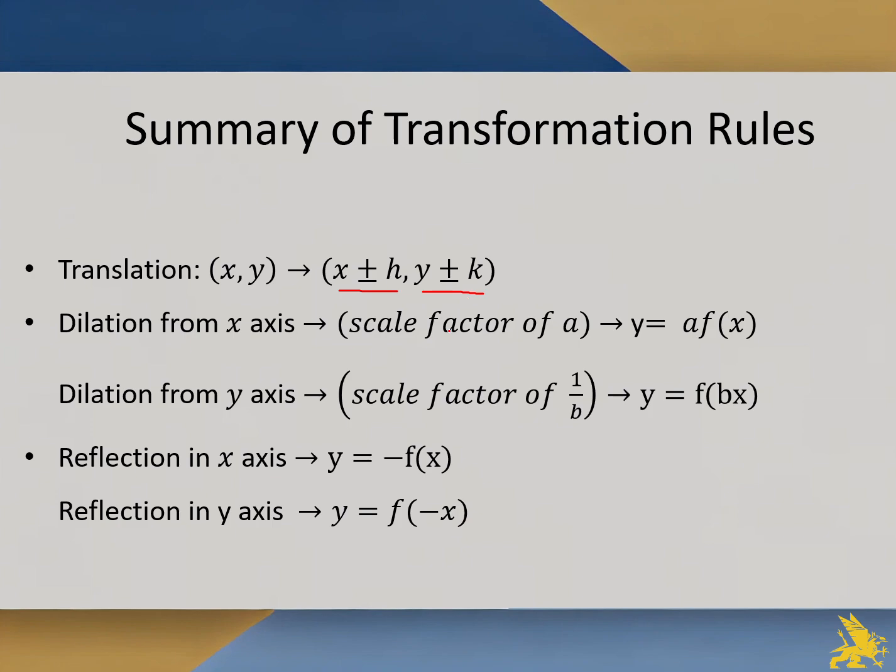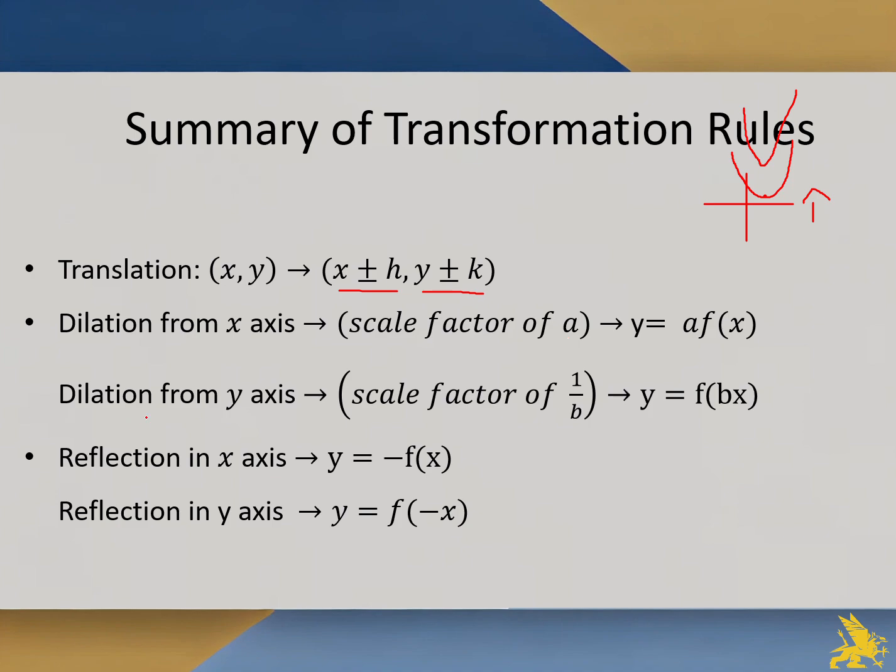A dilation from the x-axis means if I have a graph here, I am pushing away from the x-axis, which means my y value. If this y value here is 1, it's then going to be pushed up by that same amount. So that is my A, my scale factor.